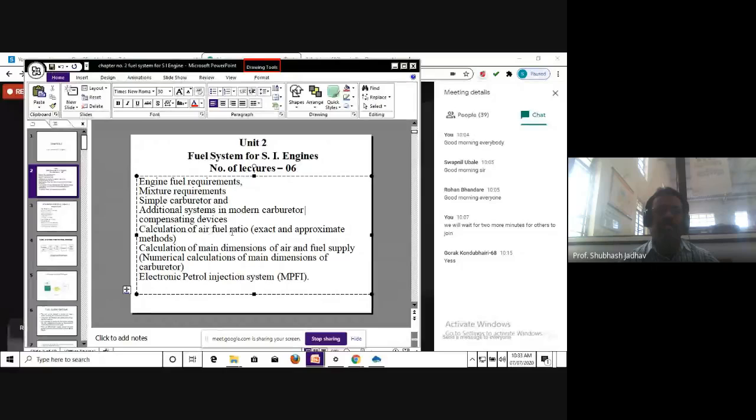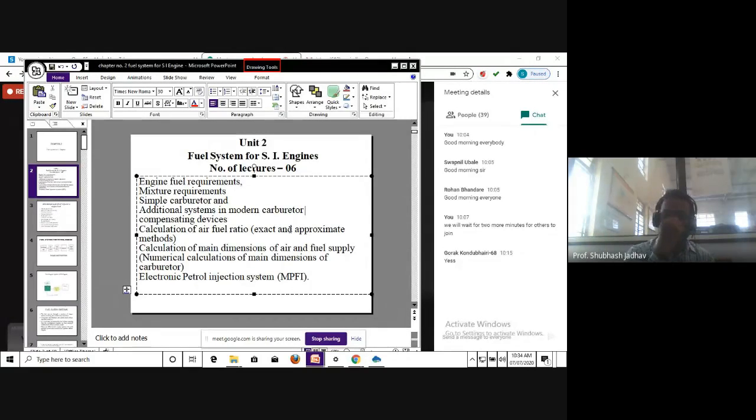Then the calculation of air fuel ratio. This comes under the derivation part. Here we have the calculation of the air fuel ratio by an exact method and an approximate method. The two methods arise due to the fact that air is compressible.